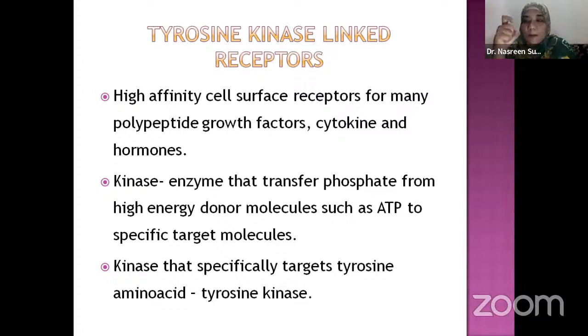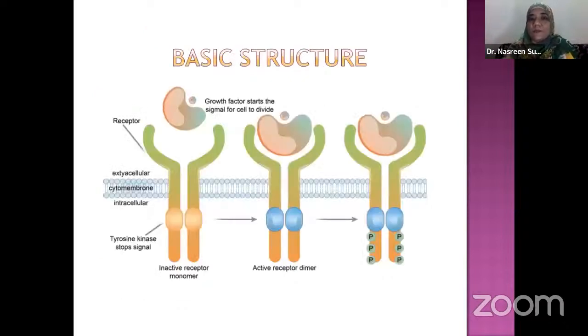So suppose this is ATP and I am having a substrate. I am putting some kinase. If I am putting some kinase here, this phosphate from ATP will come and attach to the substrate. One phosphate from the ATP will come and attach to the substrate. That is called kinase. Now, as this enzyme is specifically targeting tyrosine amino acid, it is called tyrosine kinase linked receptors.